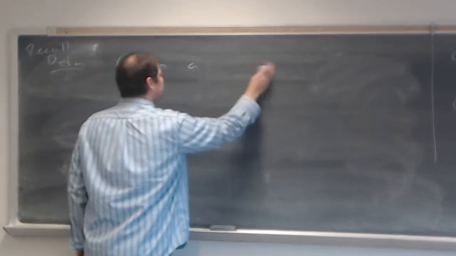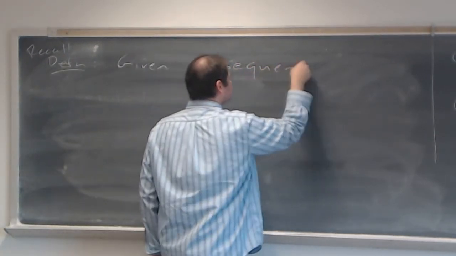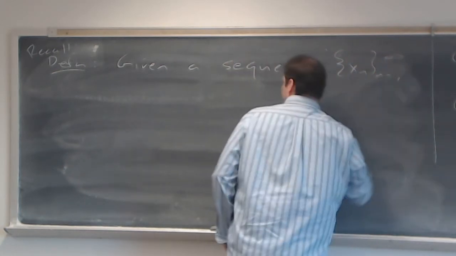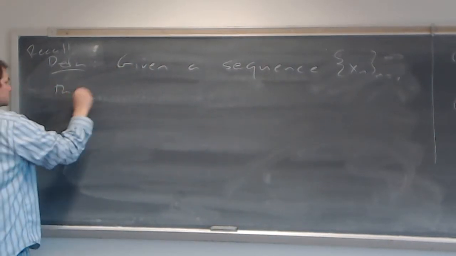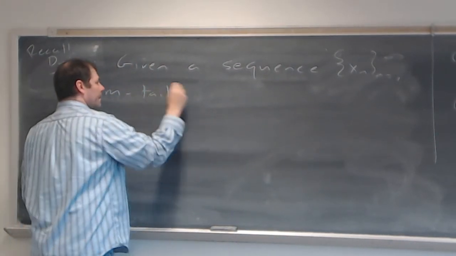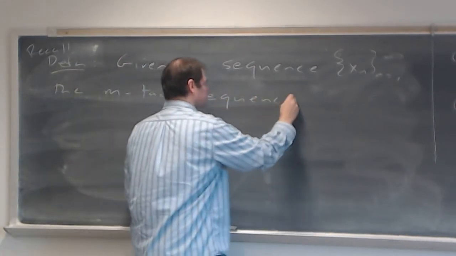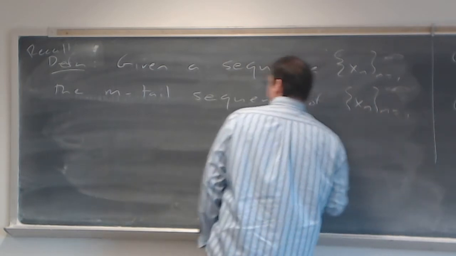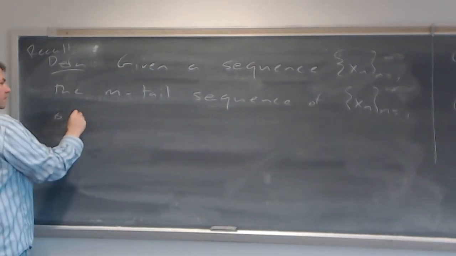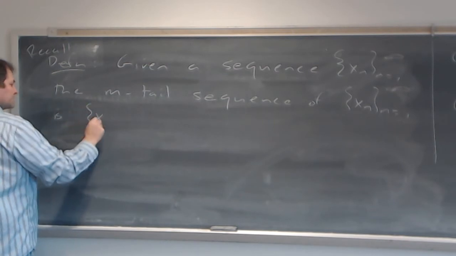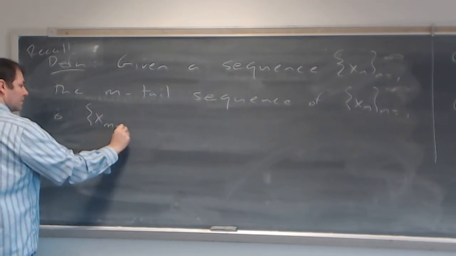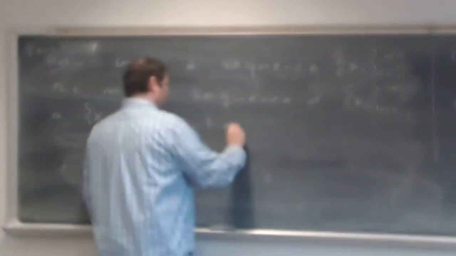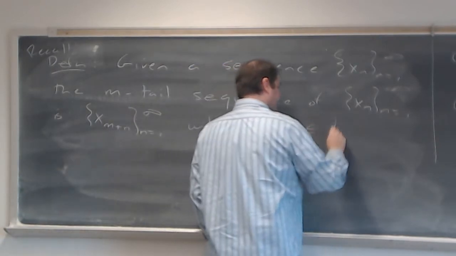Given a sequence X sub n, the M-tail sequence of X sub n is this sequence: X sub m, which is a fixed number, plus n moves, where m is some fixed natural number.